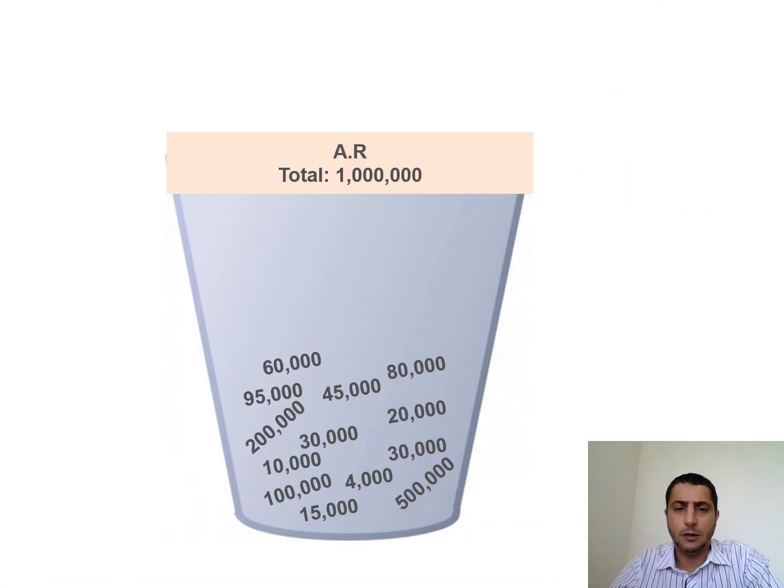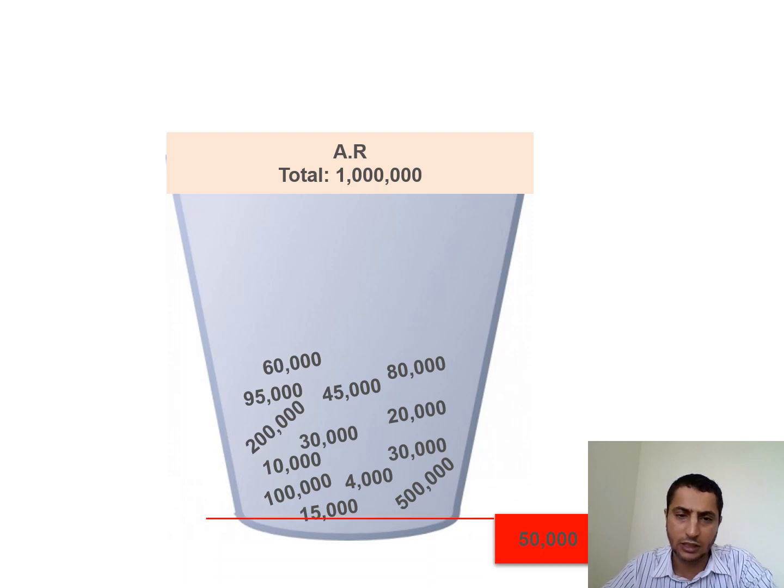This is another example just to explain how we operationalize the materiality level within each account. In this example, in this basket we have 1 million of transactions, and we have different amounts of individual transactions.